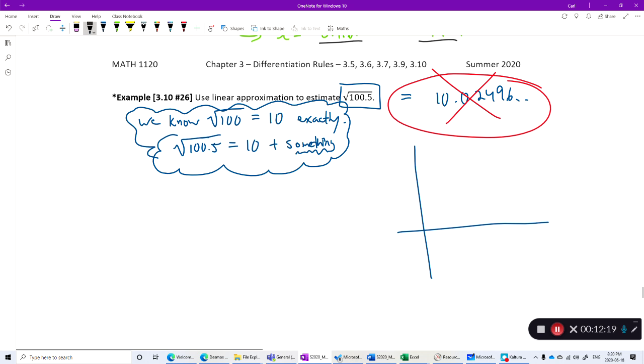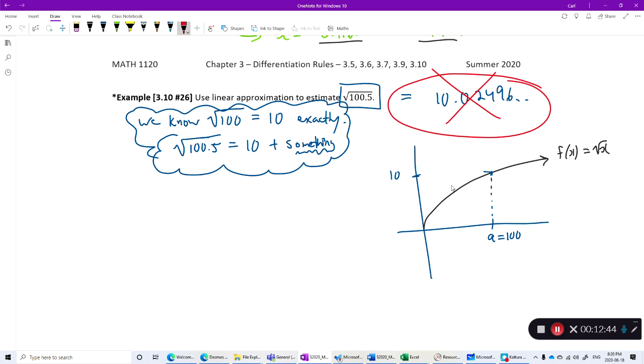And so what we're doing is we're dealing with this function, f of x is the square root of x. And we're dealing with it near the point a equals 100. And I know that at that point, the y coordinate is 10 exactly.